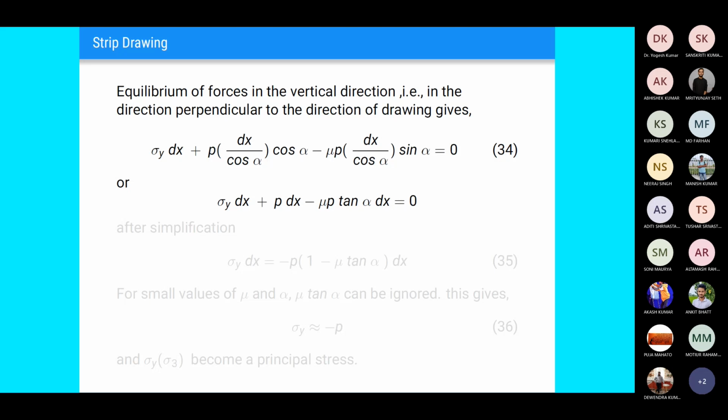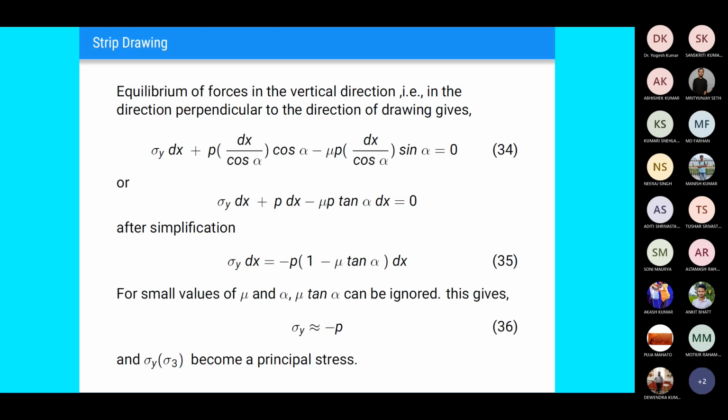Okay, again further simplification is only mathematical expressions. You can do it by yourself also. Sigma y dx equal to, this term has been sent to the other side, minus p (1 minus mu tan alpha) into dx.